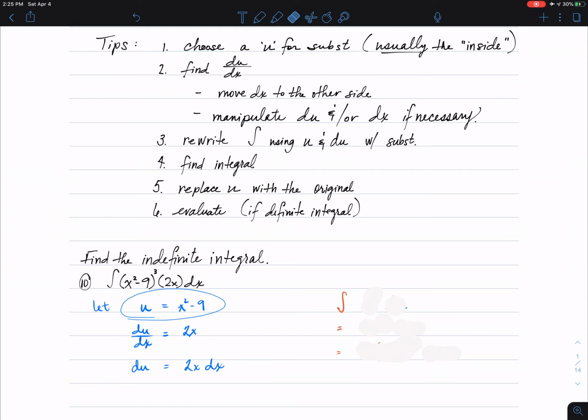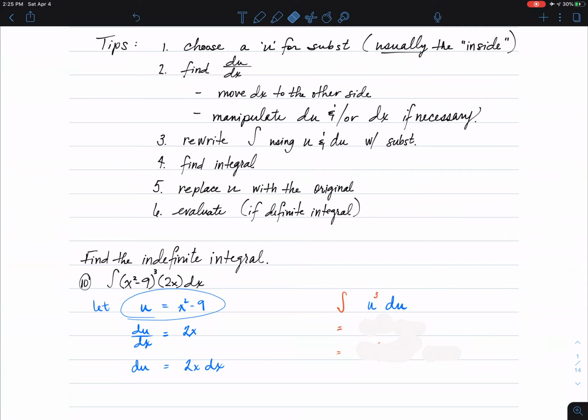Then for step number 3, we're going to take our same integral and use u's and du's. So this guy is going to get replaced with a u. So we're going to have a u to the third power. And then the 2x dx, all of that, is going to get replaced with a du. So now I have my integral written in nothing but u's and du's, and I'm going to integrate, and then we'll go backwards.